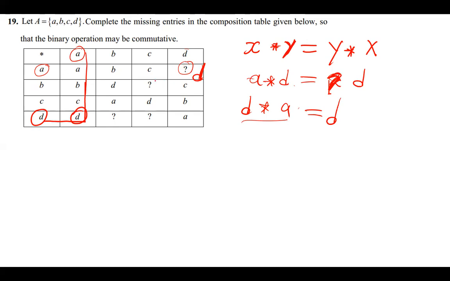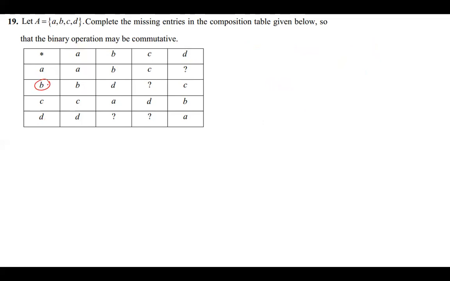So the same thing is going to be applied on the other part, on this one here. So this part is B star C. So we know that for this table to be commutative, B star C should be equal to C star B. B star C is the one that I'm finding here.